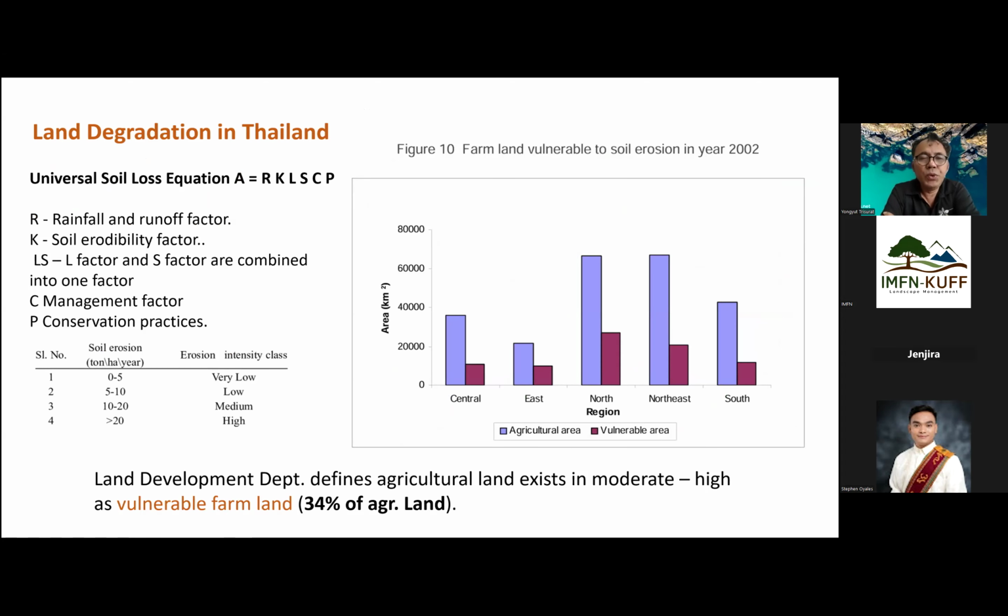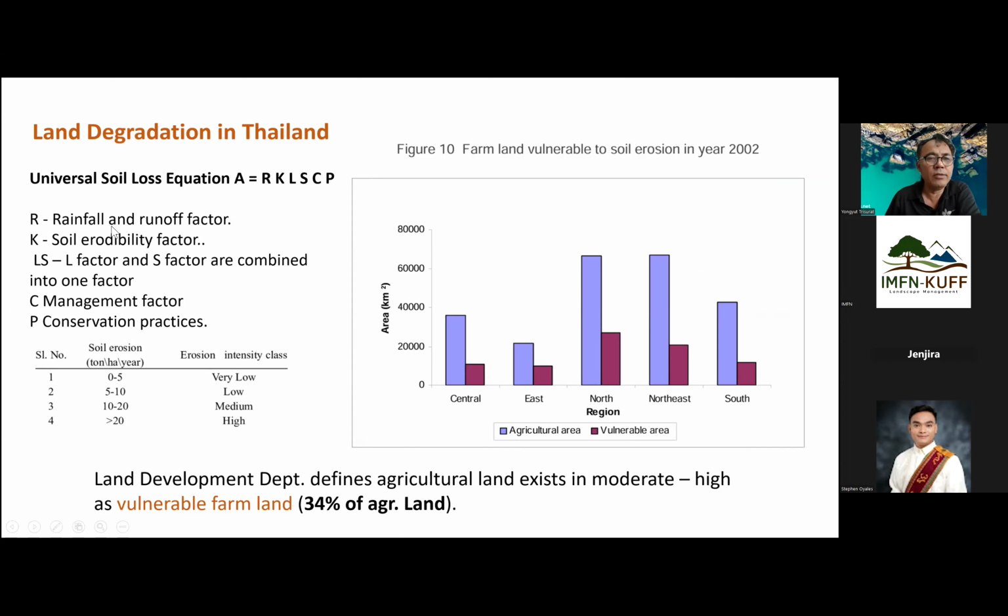Okay, so I used to conduct research for the Asian Development Bank about 15 years ago to define land degradation in Thailand. According to the LDD definition, one category is farmland vulnerable to soil erosion. For soil erosion, we usually use the universal soil loss equation to calculate the amount of topsoil erosion.